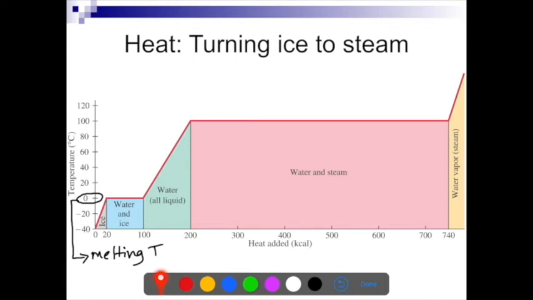Any heat that's added to the melting ice does not cause its temperature to change. So notice here that while you have two phases existing, water and ice, and while ice is being melted, the temperature stays constant at 0 degrees Celsius. It's not changing.